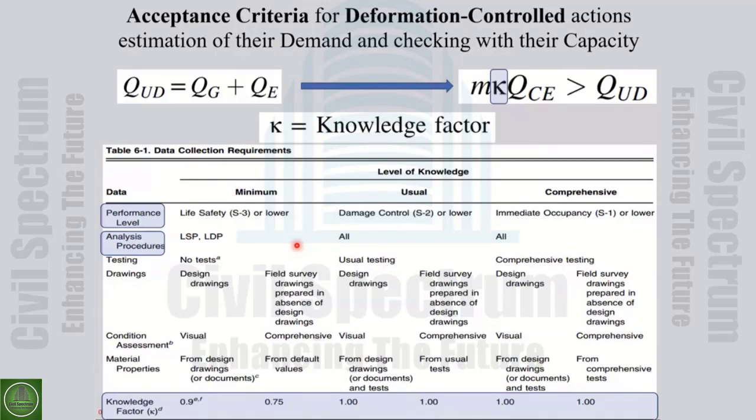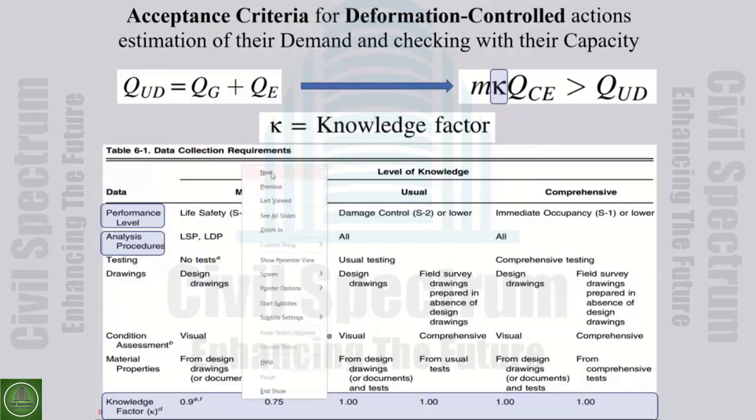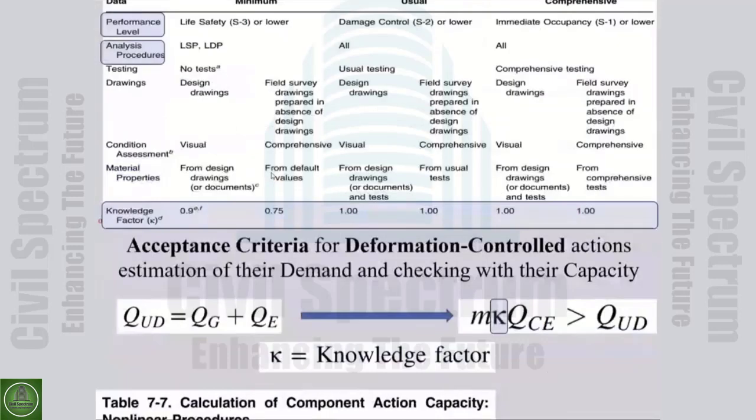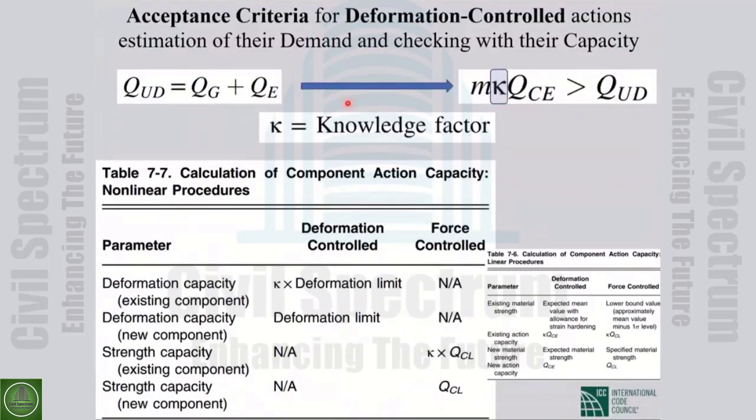So it's better to do more tests and use a knowledge factor equal to 1. Because of how the knowledge factor is applied, the knowledge factor is applied to the properties of the existing elements.